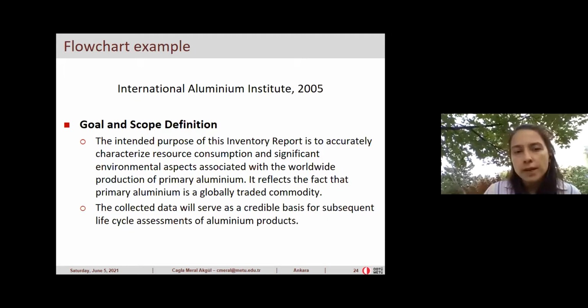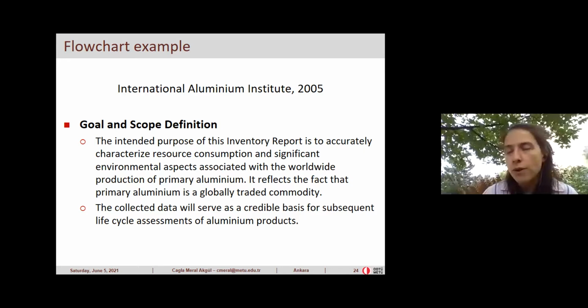I want to show you an example from 2005, the International Aluminium Institute's example. So they actually define their goal and scope. The goal of this aluminum-based life cycle assessment is to accurately characterize resource consumption and significant environmental aspects associated with the worldwide production of primary aluminum.